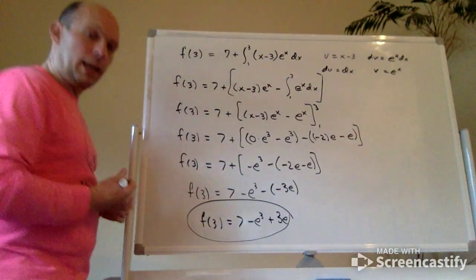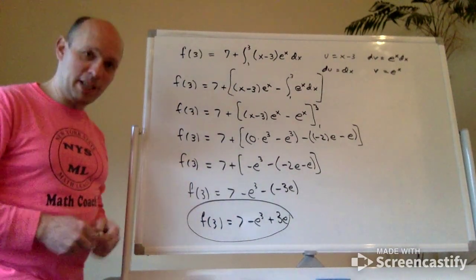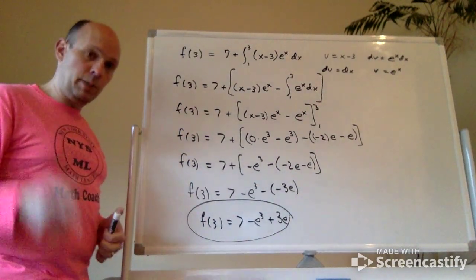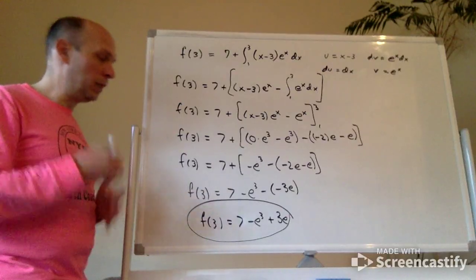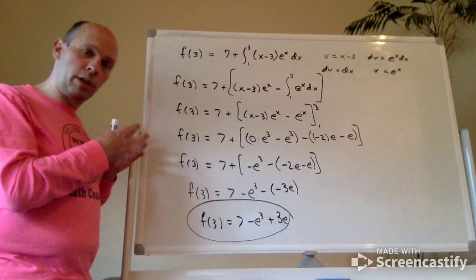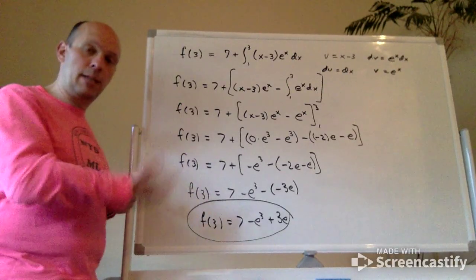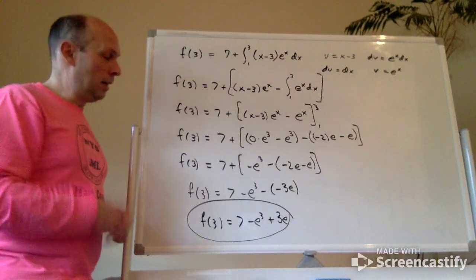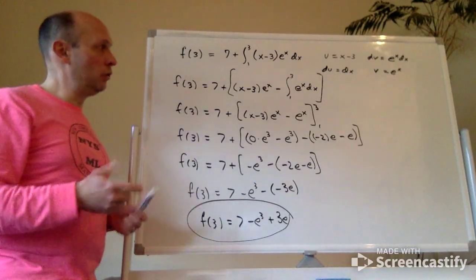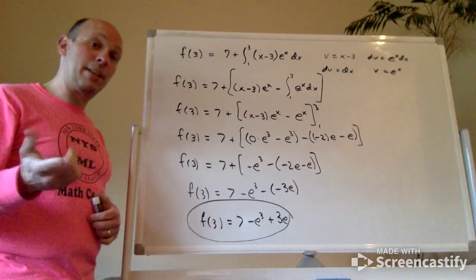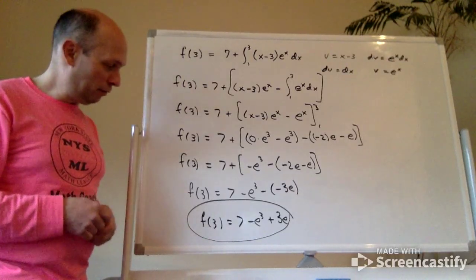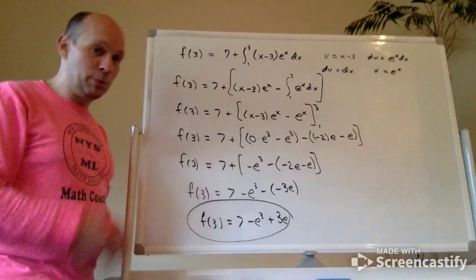And yes, a lot of you got that answer by not doing it this way at all, which is totally fine, it's legitimate, but I wanted to go through this process because I wanted to go over that form that the AP exam likes to use. And this is also a nice, good review of how to do integration by parts for a definite integral. So there's our answer. F of 3 is equal to 7 minus e cubed plus 3e.